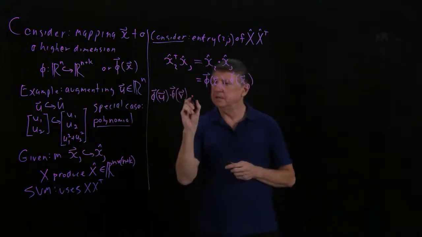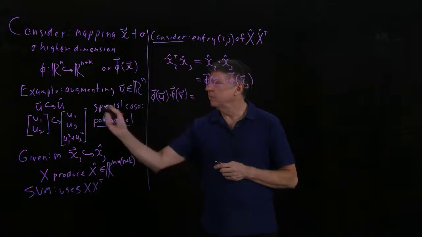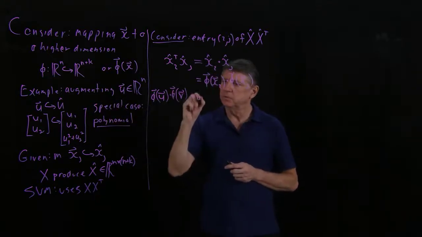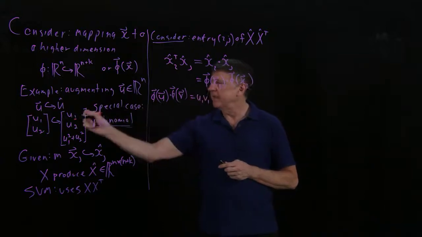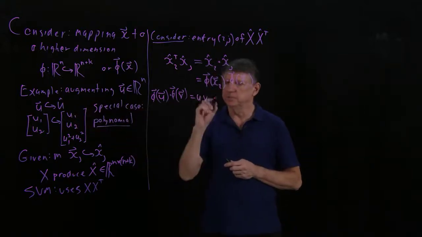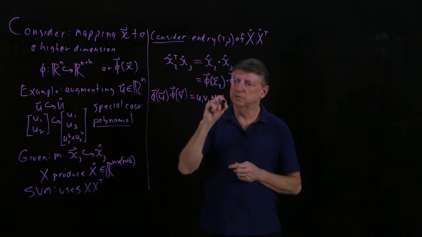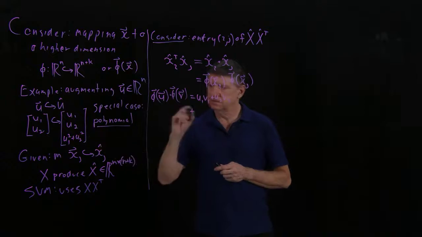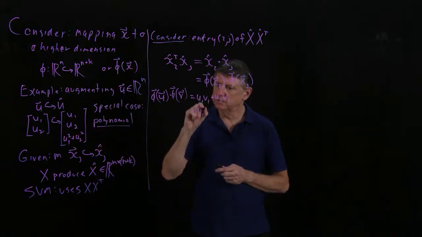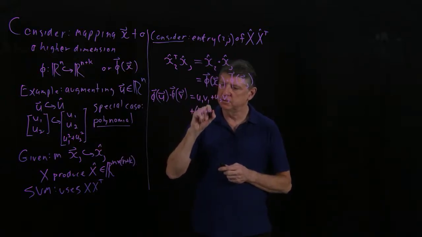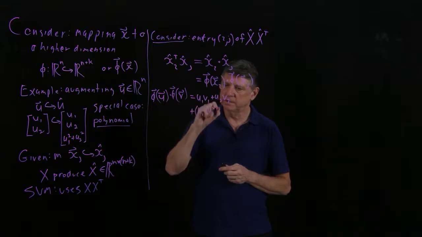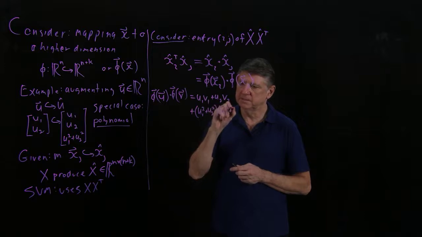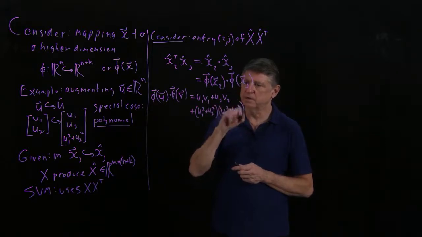And that will be u1 times v1, u1 v1, and then u2 v2, u2 v2, and then we'll add to that u1 squared plus u2 squared times v1 squared plus v2 squared.